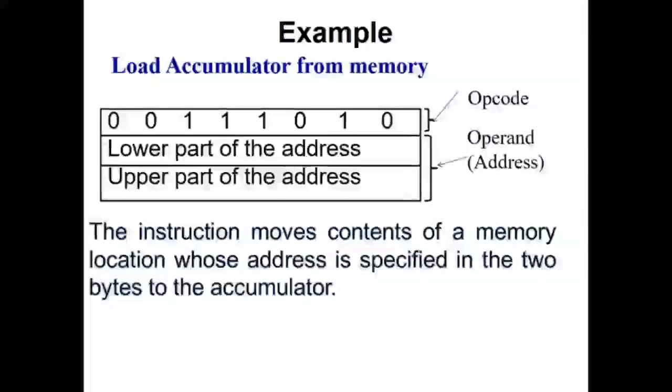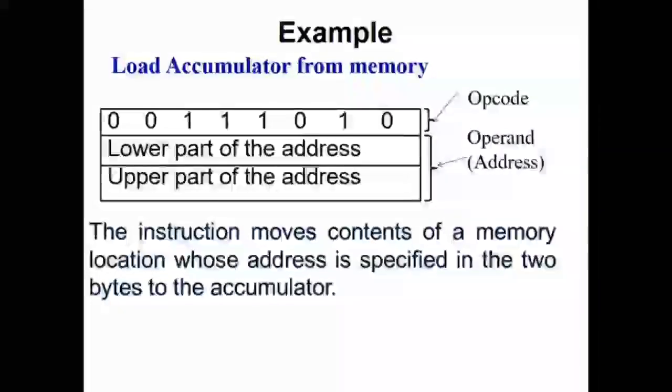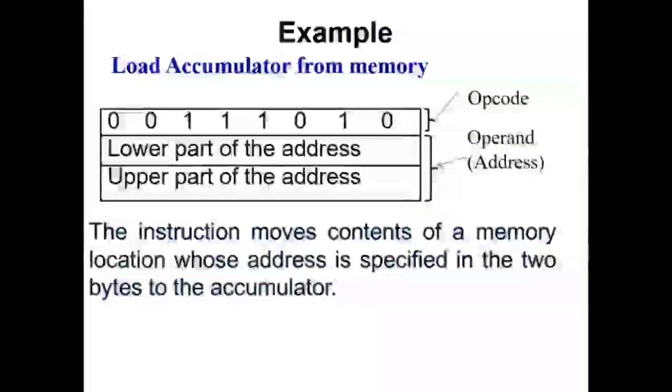Now you add the 5, immediate data 5 to what is in the accumulator, and then you put the answer into register B.